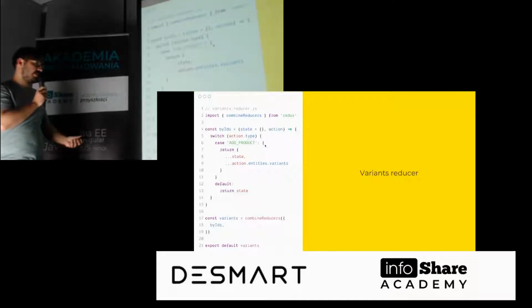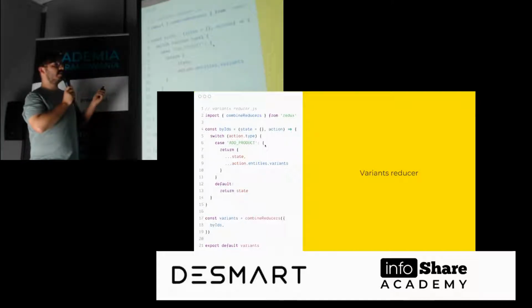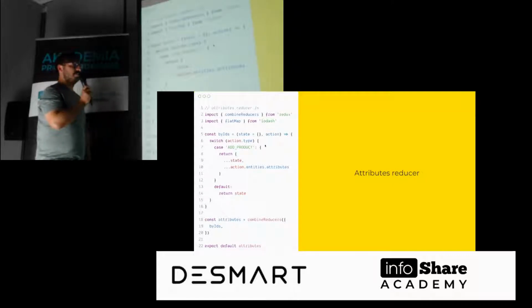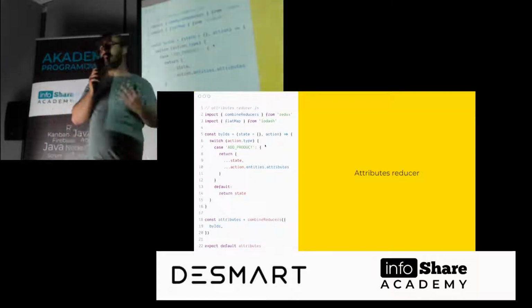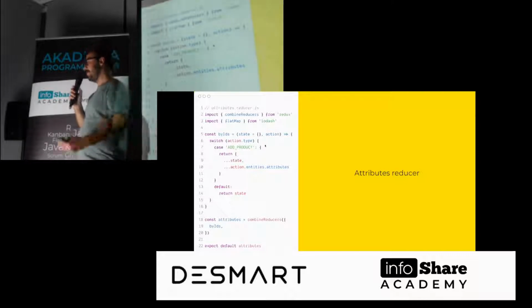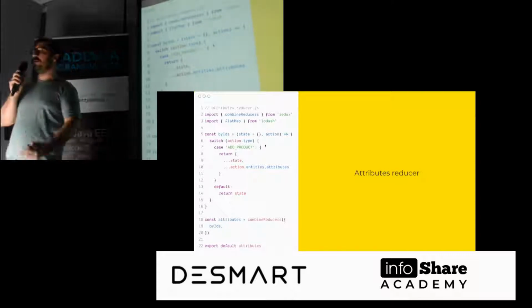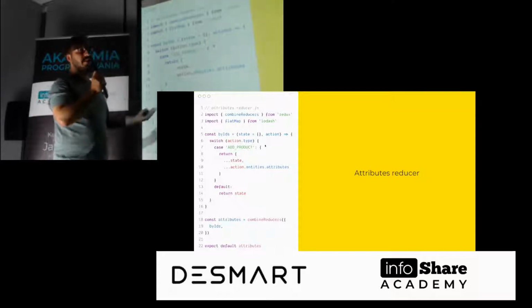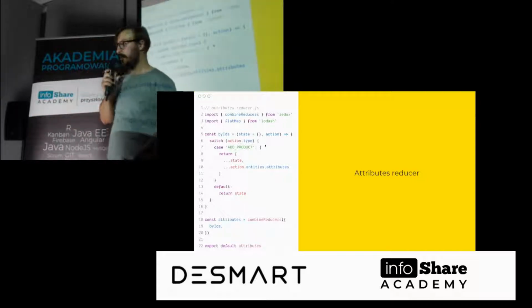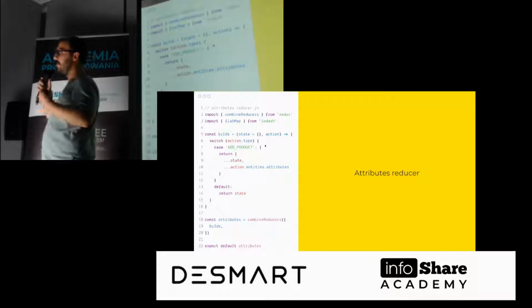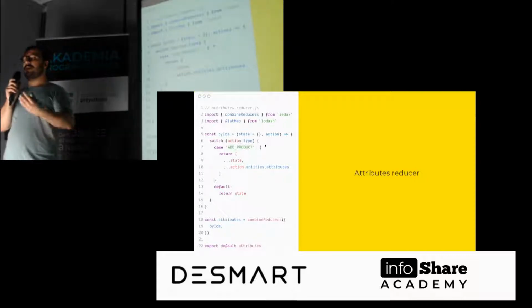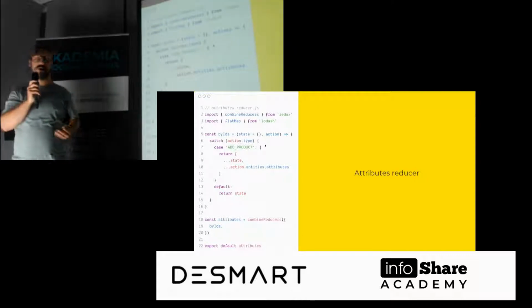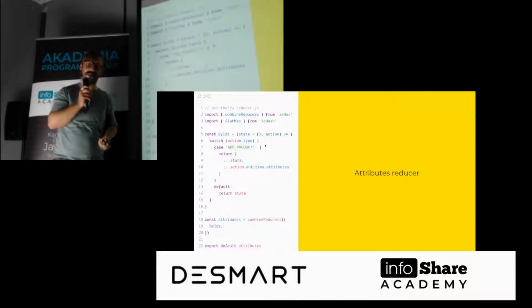We are doing basically the same thing, and that's the attributes reducer. So as you can see, we really simplified the logic. We don't have to deal with it, and since we are doing the same thing in all three reducers, we can even further optimize it. We can make a higher order reducer, or a factory reducer, or something like that.